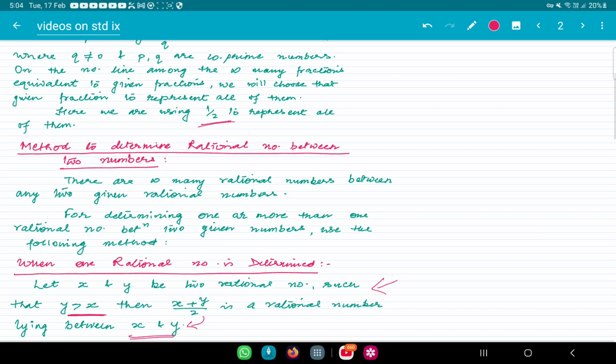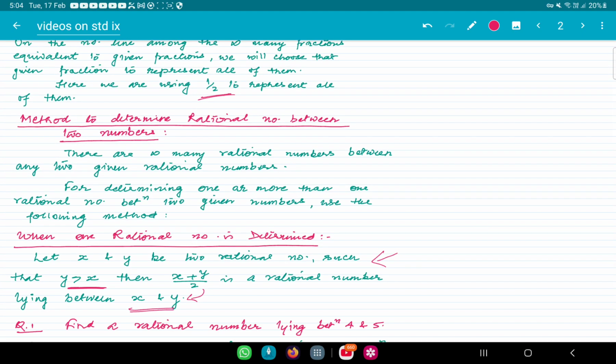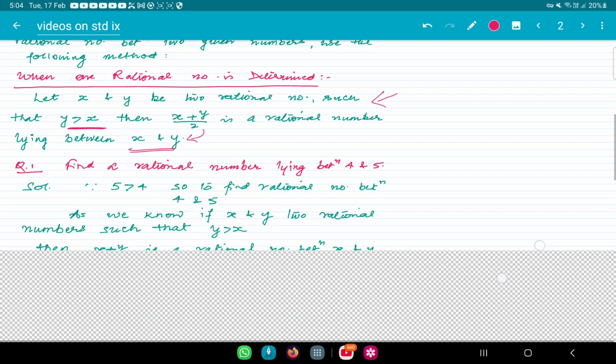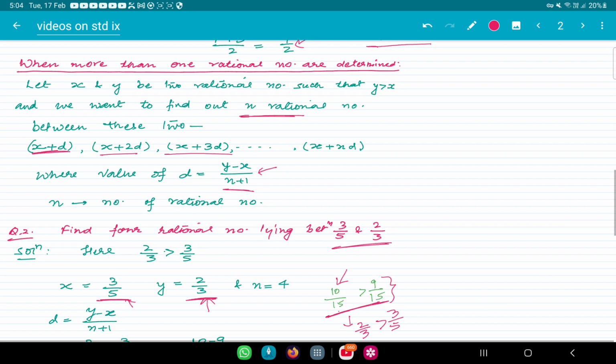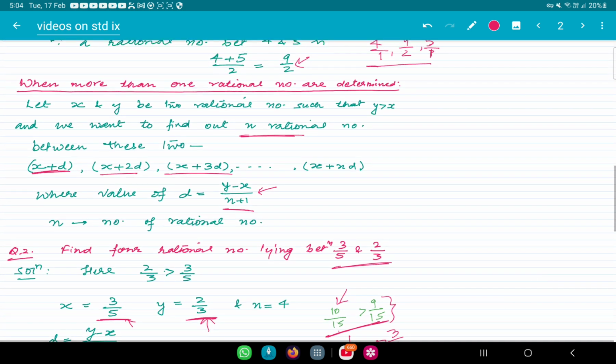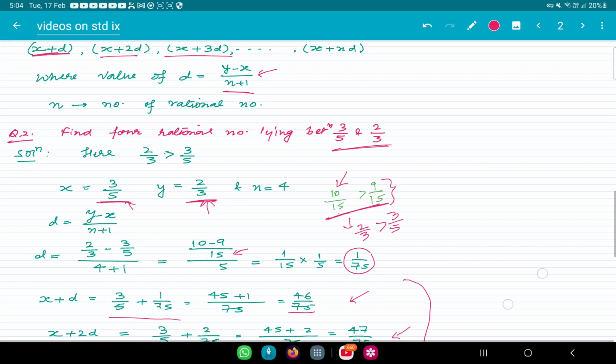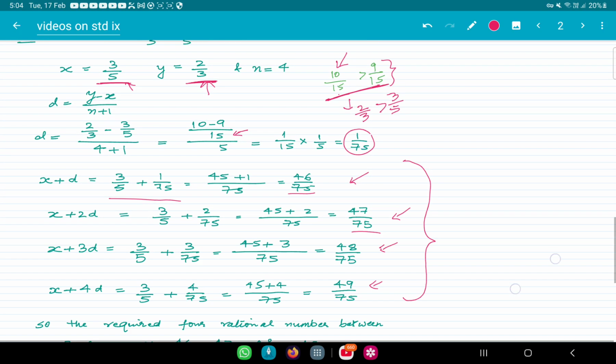Then we determined rational numbers between two numbers. One rational number or so many other rational numbers can lie between two rational numbers. If we have to find many rational numbers, first find d, and with the help of d you can find the different rational numbers.